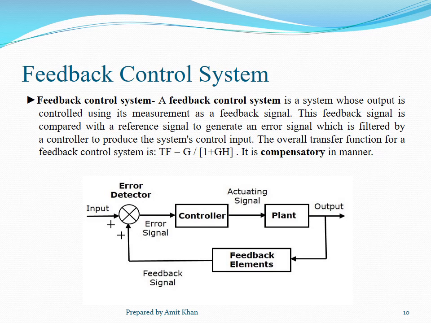From the controller there is a signal called the actuating signal, which goes to the plant. An actuating signal mainly goes to the control valve or control element, then to the total plant or process. So the actuating signal goes to the controlled element which has to be controlled.